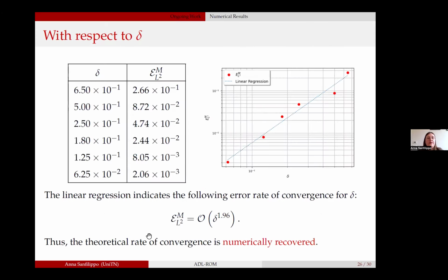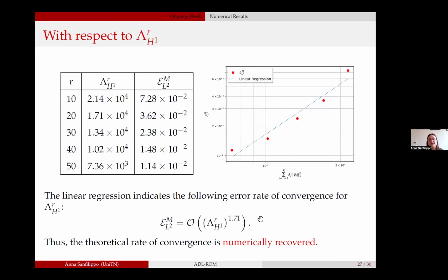So with respect to delta, we fully numerically recovered the theoretical rate of convergence, since we have 1.96 and the theoretical one was 2, so very good. With respect to the truncation error, here we have a much better result than the theoretical expectations, since we have 1.71 and the theoretical expectation was 1.